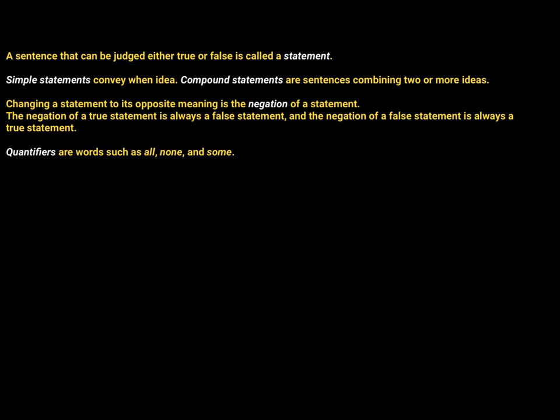Simple statements convey one idea, while compound statements are sentences combining two or more ideas. Now, when we change a statement to its opposite meaning, we are now considering the negation of a statement. The negation of a true statement is always a false statement, and the negation of a false statement is always a true statement.